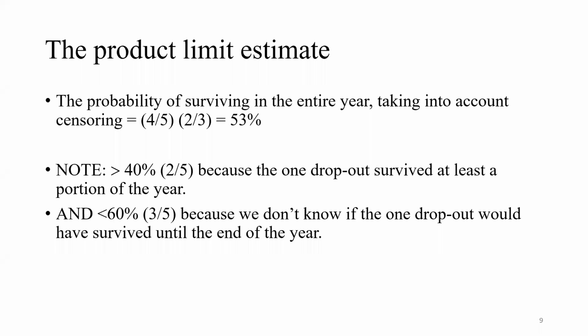So that's the beauty of survival analysis when it comes to product limit estimation. We know that this estimate is more than 40% and less than 60%, so the best estimate we can have is the Kaplan-Meier estimate, which is 53%.